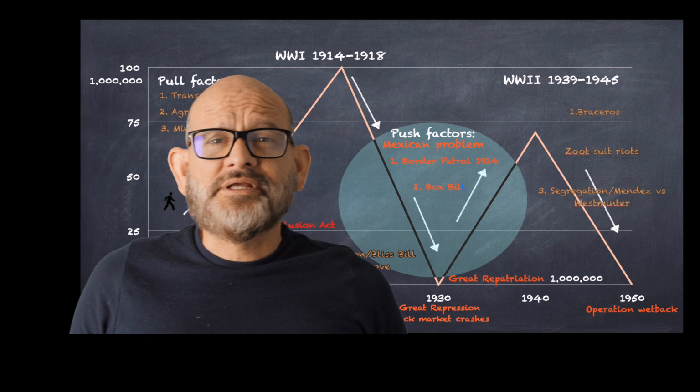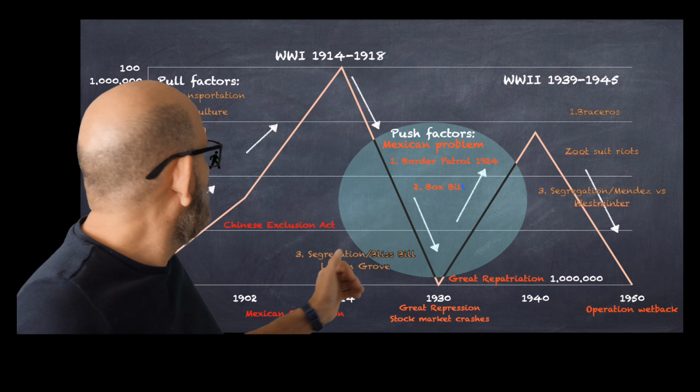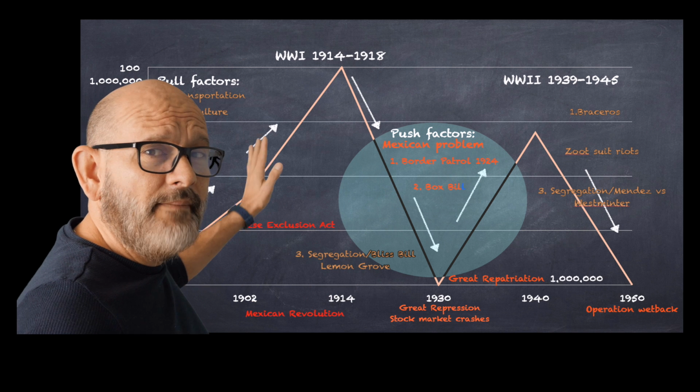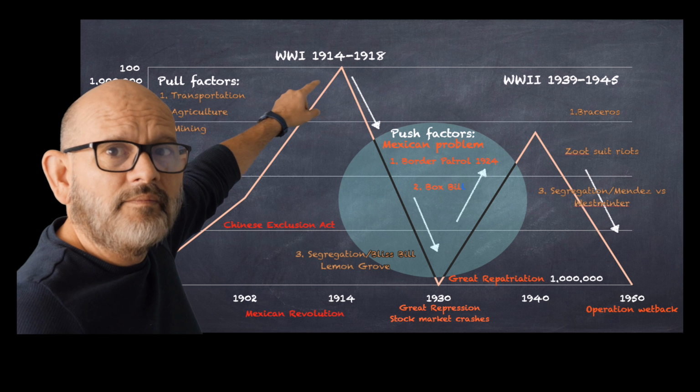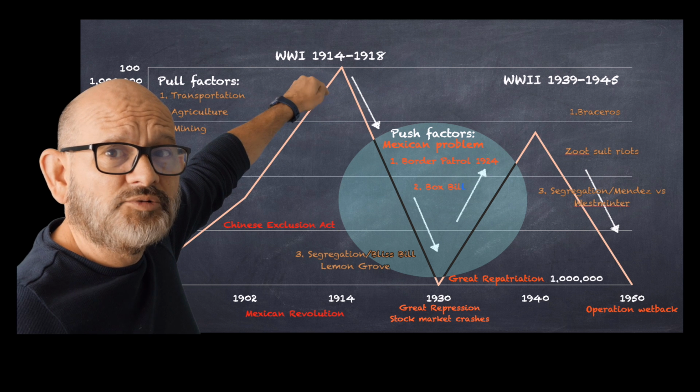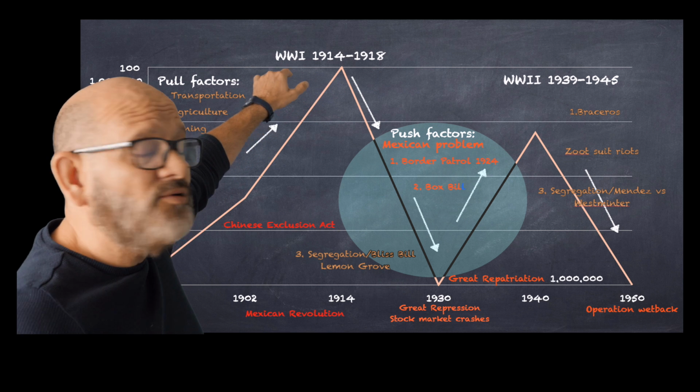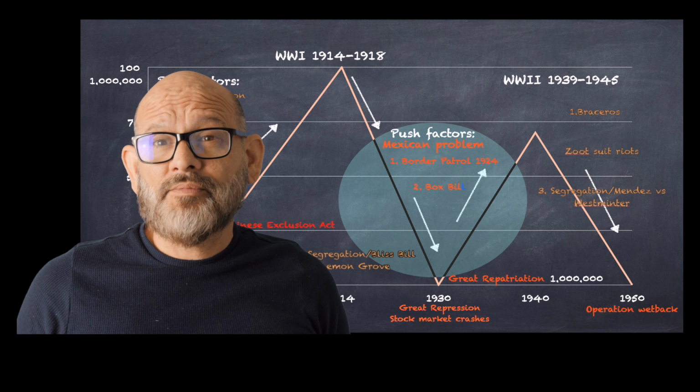So I'm going to use this map that I have right here to show you the push and pull factors. Every time that you see an economic boom, this is World War I, the US needs labor.